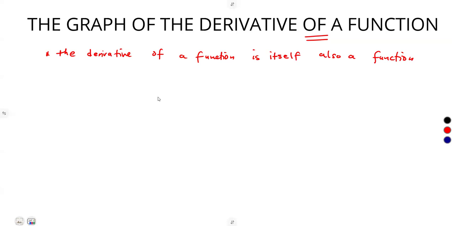So what is important on the graph of the derivative are the properties from the function where we obtained that derivative. You must work with the properties.